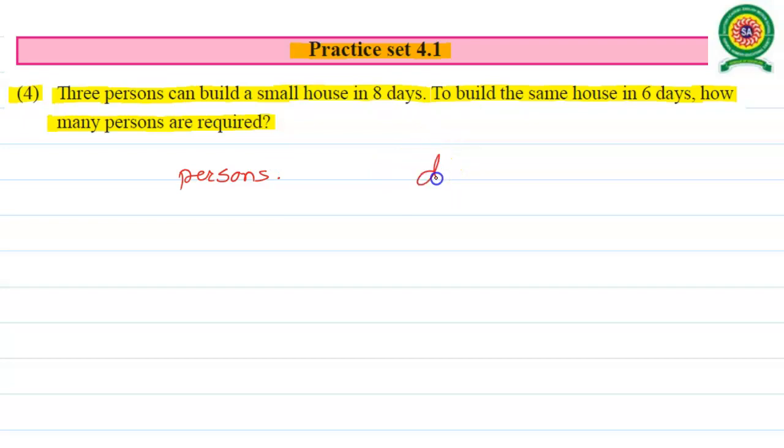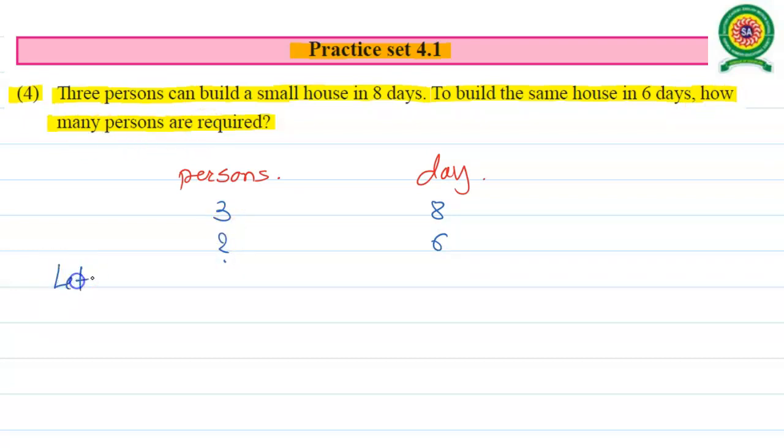So 3 persons can build the house in 8 days. Now to build the same house in 6 days, how many persons will we require?